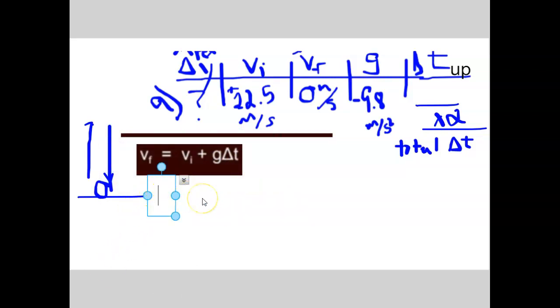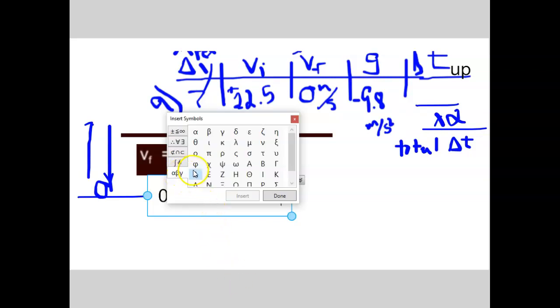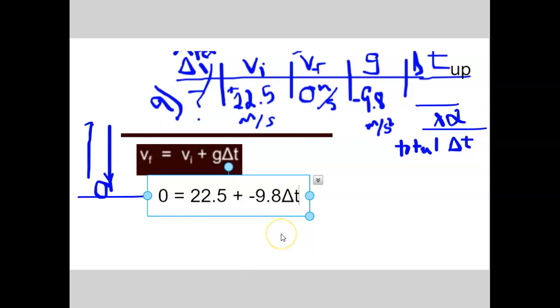So at the apex, the final velocity is 0. The initial velocity was that 22.5 plus a negative 9.8, and then the delta t. So I'm going to take the negative 9.8 delta t to the other side.